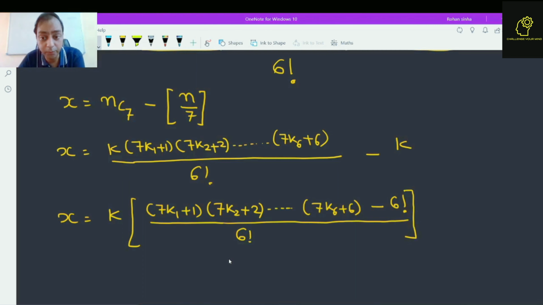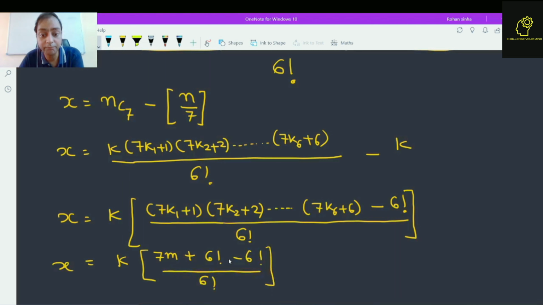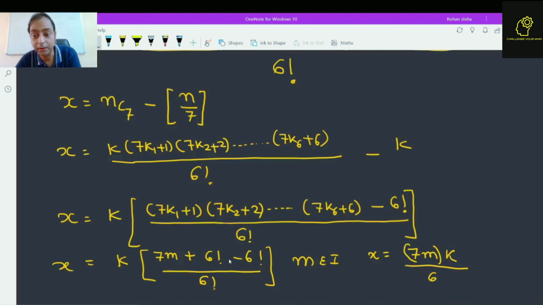If you further simplify this, you find x as k into all terms divisible by 7, that is 7m plus 6 factorial minus 6 factorial, upon 6 factorial. What is m? m is some integer. So x is equal to 7m into k by 6 factorial.